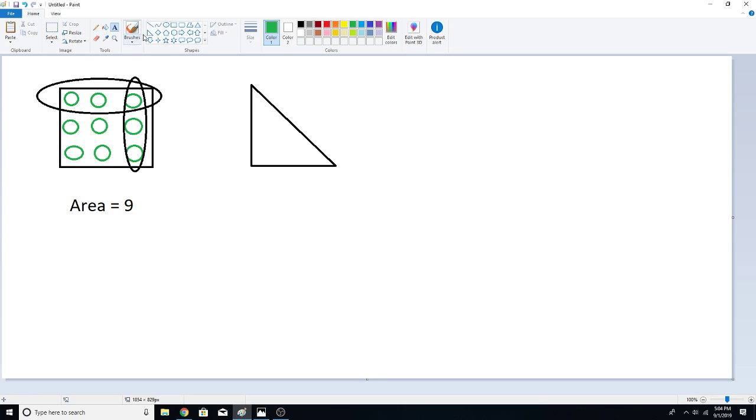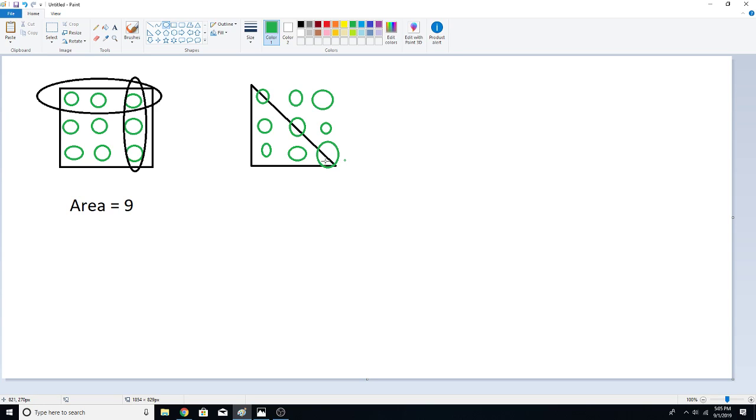We could easily just count the number of the chairs and the half chairs. So if I do that properly, we can notice that there's 3 here, and there's half of these.